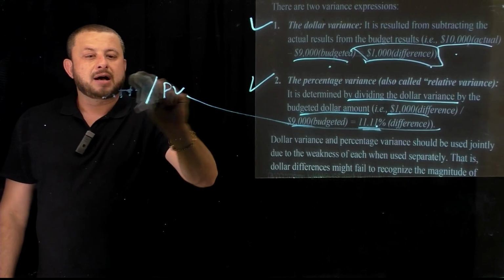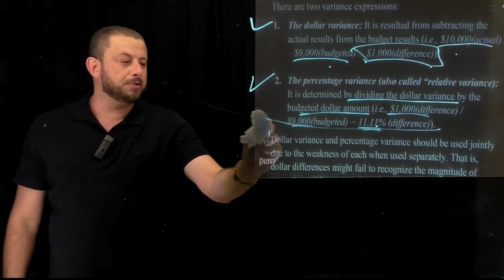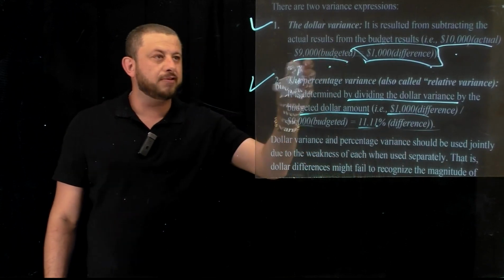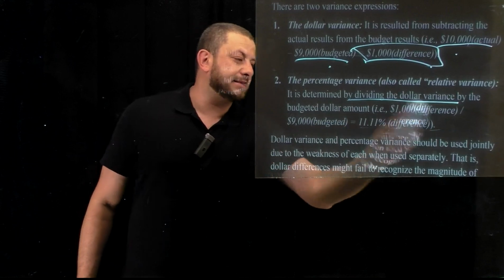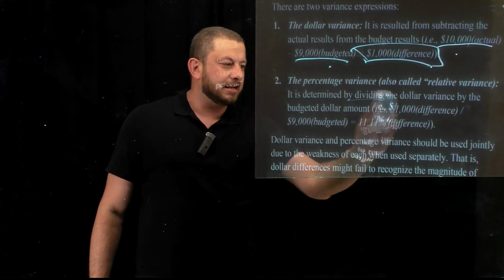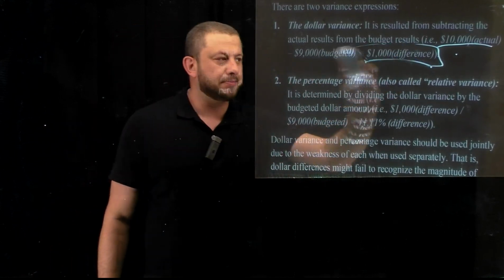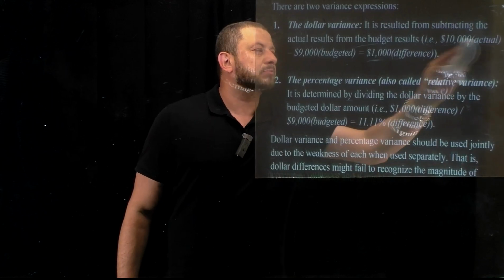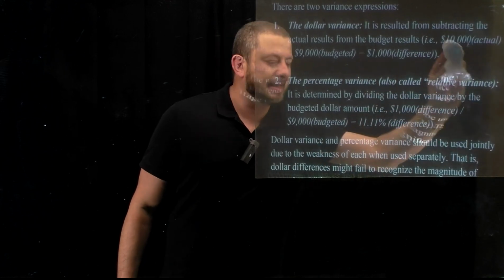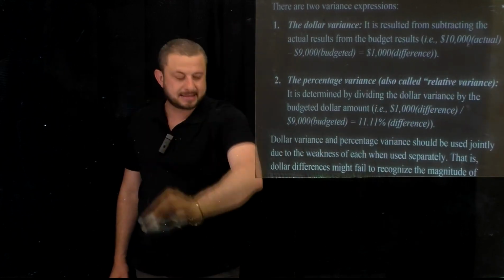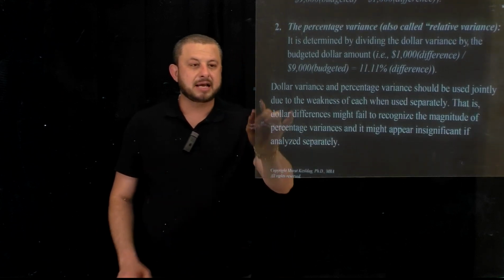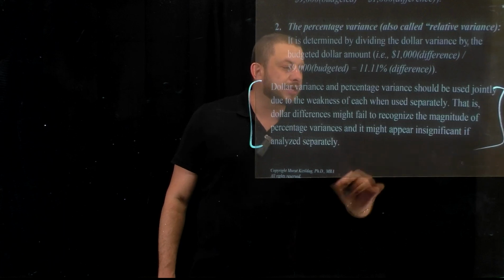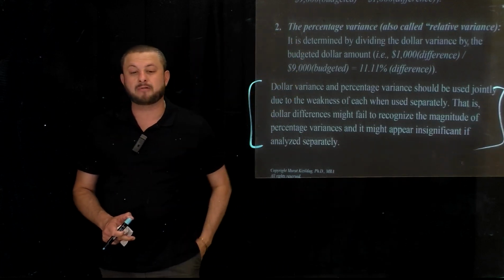Okay, so our variance analysis will be based on both the dollar variance and the relative variance, and we are going to see examples in a second, and then we are going to analyze them both. Okay, guys, keep that in mind. Please understand them, and then let's proceed with some more details. Guys, dollar variance and percentage variance should be utilized jointly. Why?